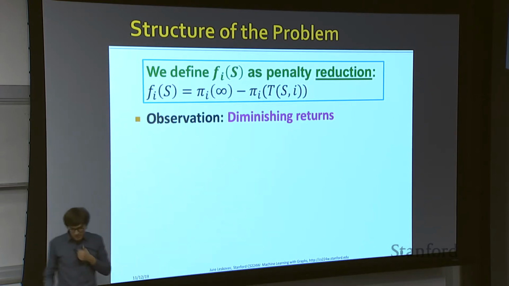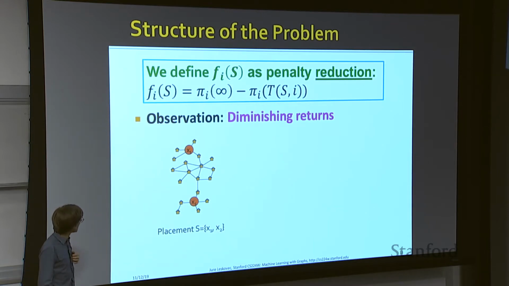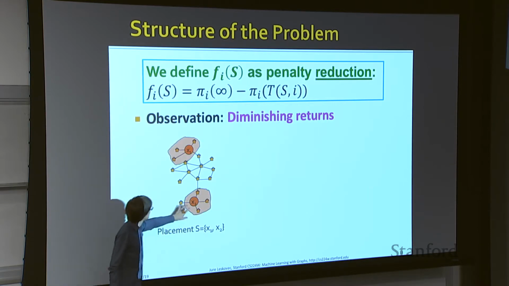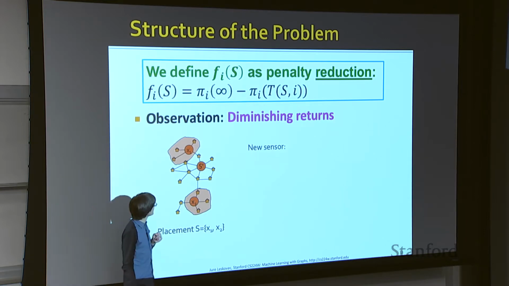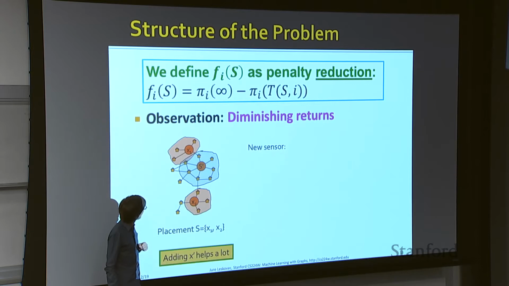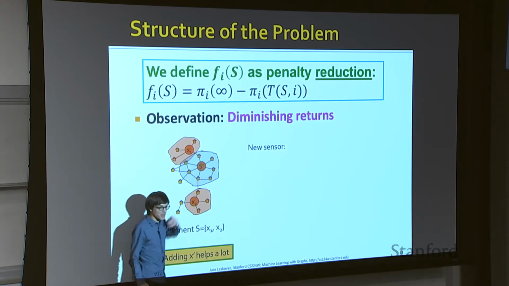function. So the observation is that this f will have this diminishing returns property. Basically the idea is, if I already have some placement, and this placement covers some part of the network, and I consider adding a new sensor, this new sensor will cover some new area, and the benefit of this sensor will be a lot.